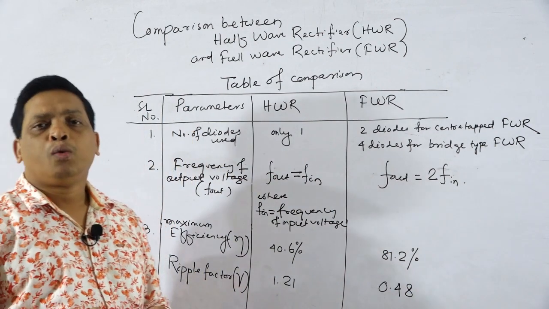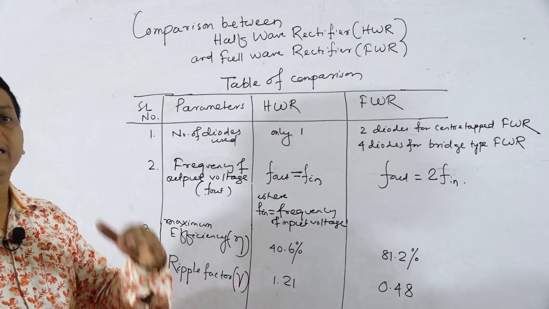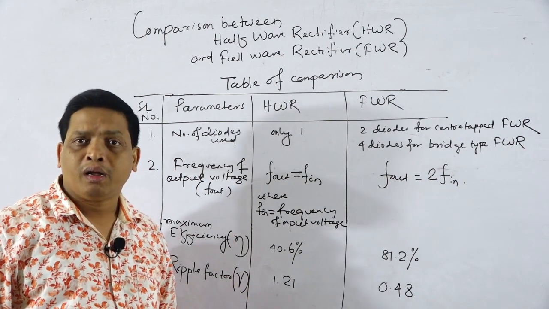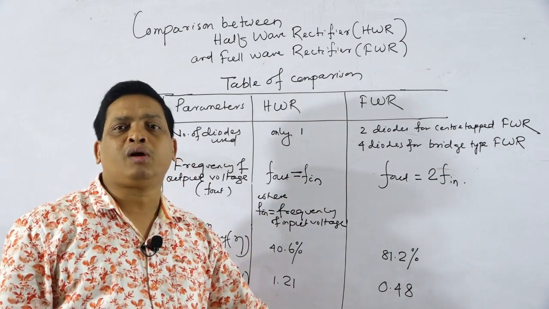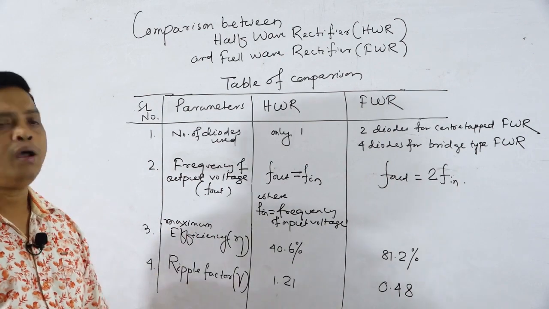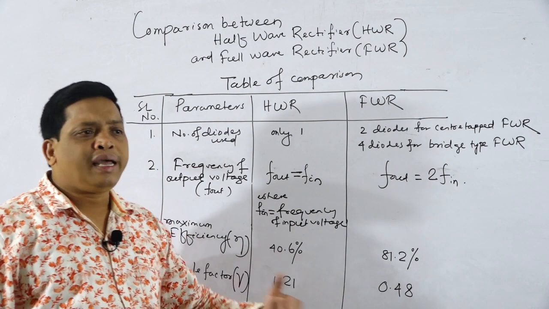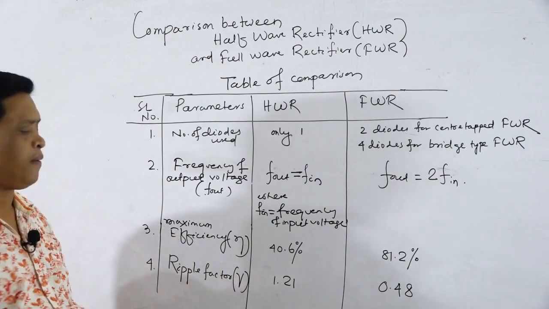That means we get more AC components than DC components at the output of half wave rectifier, but we get more DC components and less AC components at the output of a full wave rectifier. So full wave rectifier is doing better rectification than half wave rectifier.